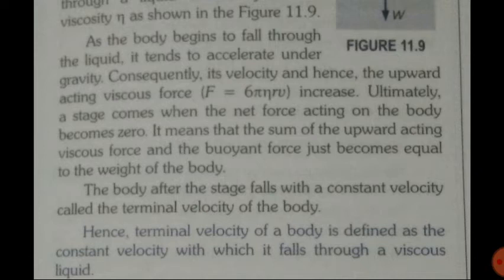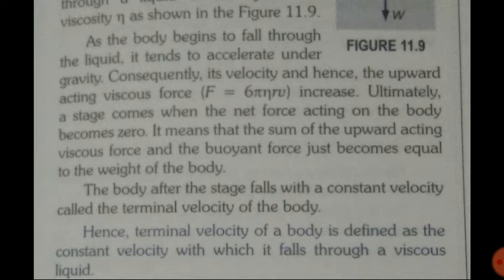So initially the body falling down in liquid gets accelerated, and consequently its velocity and hence the upward viscous force also increase. When the velocity of the object increases, obviously the resisting force also increases. So because the body accelerates in the starting, its velocity and viscous force both increase.